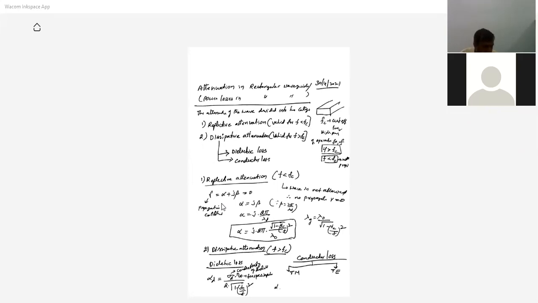This is alpha c, equal to 2 Rs by beta eta root of 1 minus (fc by f) whole square into (b squared m squared plus a cubed n squared by a b squared m squared plus a squared n squared). The unit is Napier per meter.